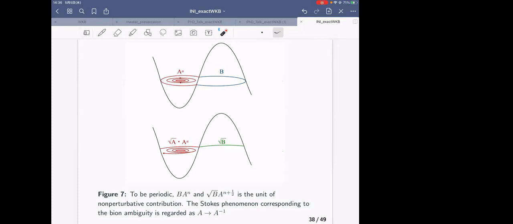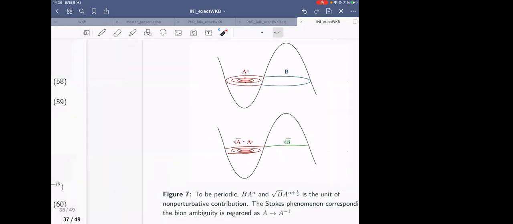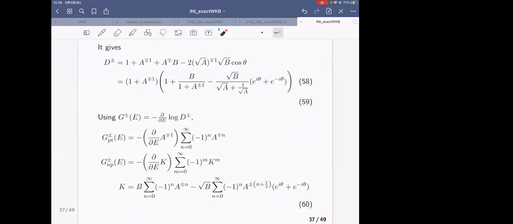However, in this case, because here and here are identified, such a trajectory is also a periodic solution. But to satisfy this condition, we have to calculate such a trajectory, then we have to add square root of A additionally here. This square root of A is appearing from here.